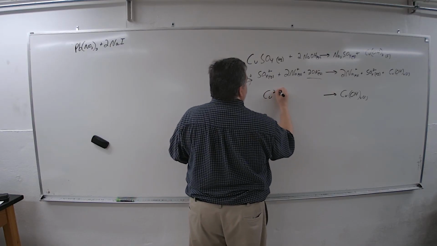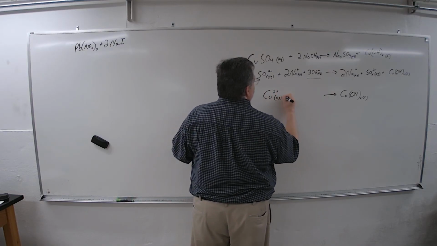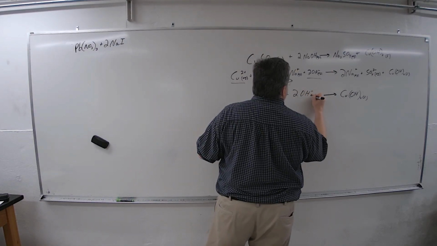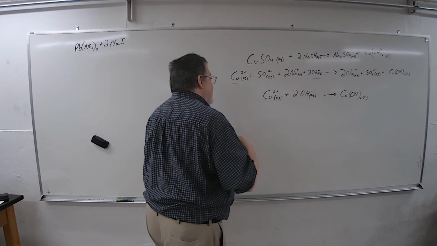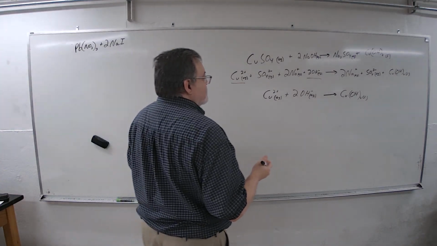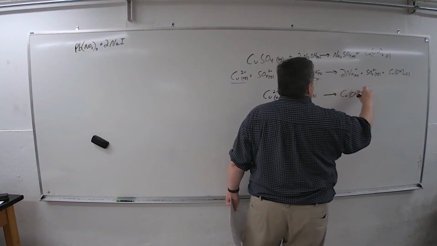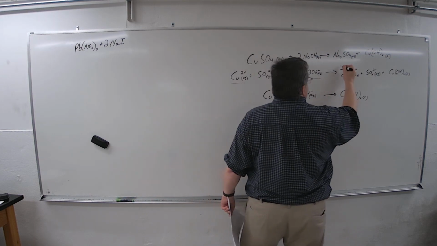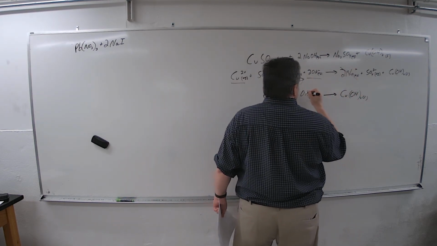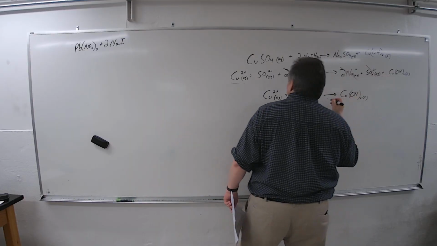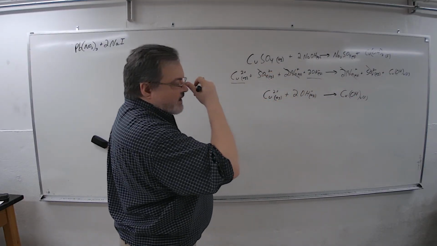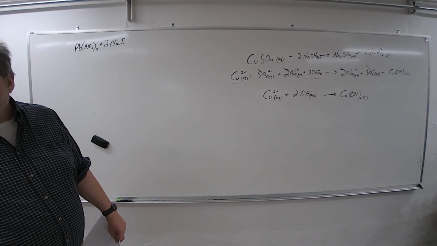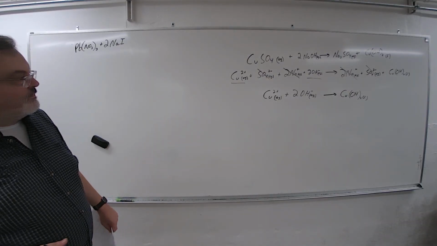So the net ionic equation here is you keep the Cu(OH)2 solid, and you only keep the ions that went into this. So I'm keeping this, I'm keeping this. So that's the net ionic equation.